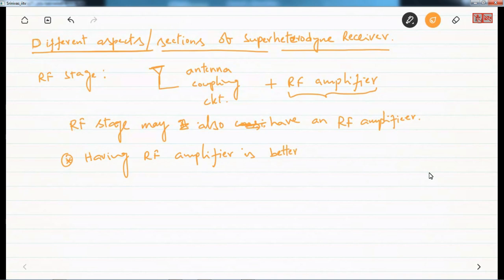It is better from sensitivity and selectivity viewpoints, and we will define these terms, sensitivity and selectivity.